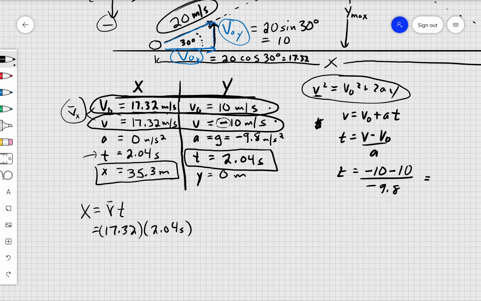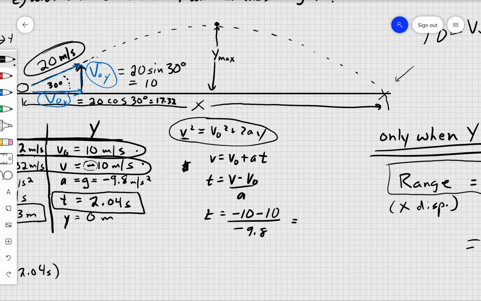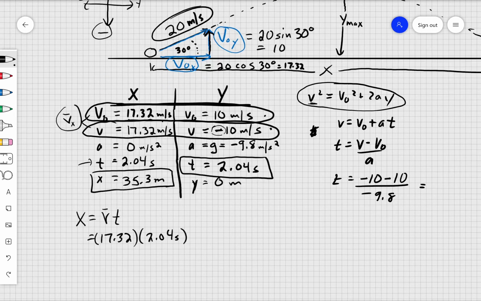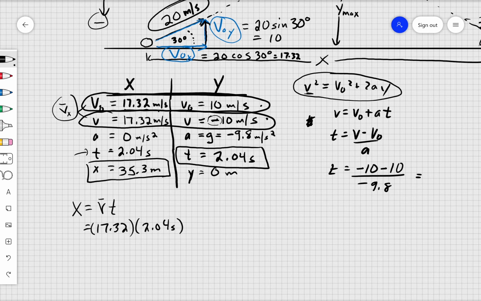When the ball was kicked, it left the ground at 20 meters per second, 30 degrees above horizontal. And when it lands at 20 meters per second, it's 30 degrees below horizontal, which is the same angle here. Same thing, of course, same components. Of course, you get the same velocity coming down.